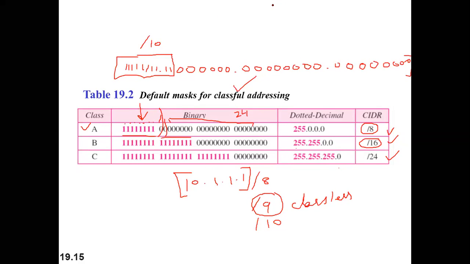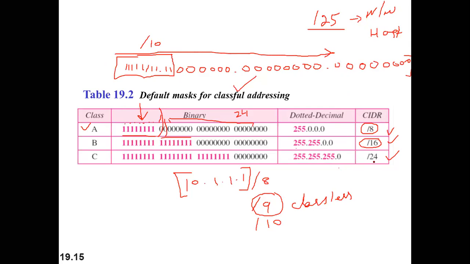Now suppose I am talking about /25. Sir, explain once again what CIDR means. /25 means we are consuming the first 25 bits in this sequence for network address, and the remaining bits will be consumed for host IPs, right? So how are we doing that?